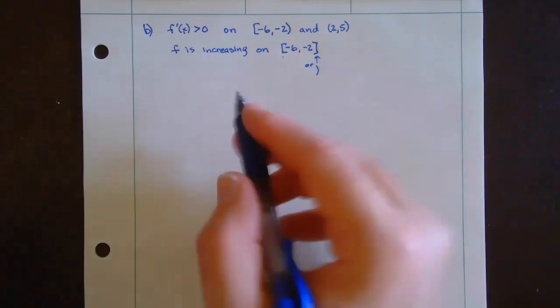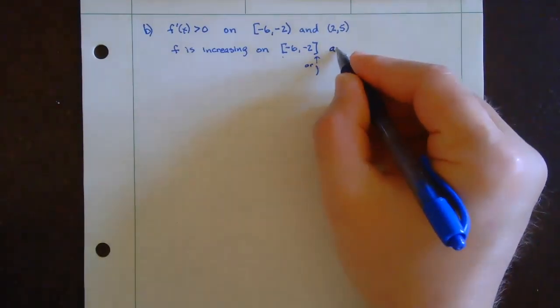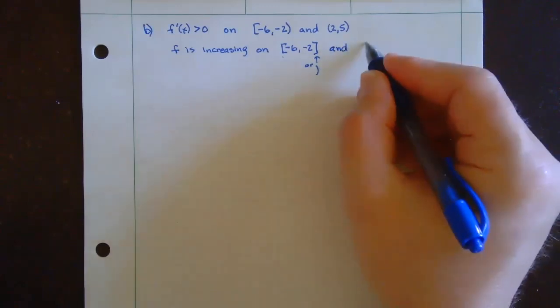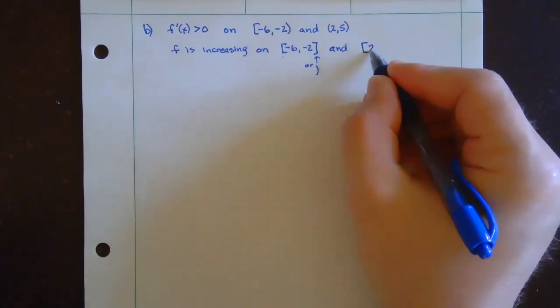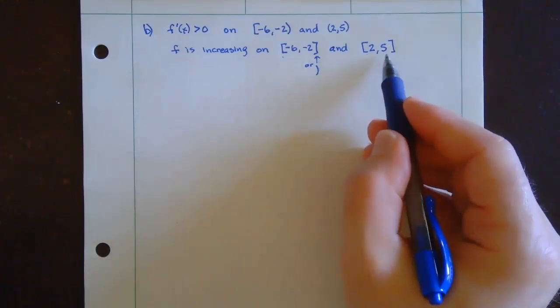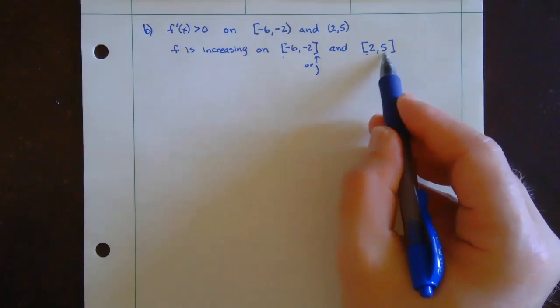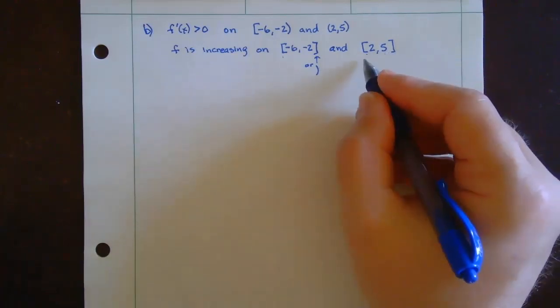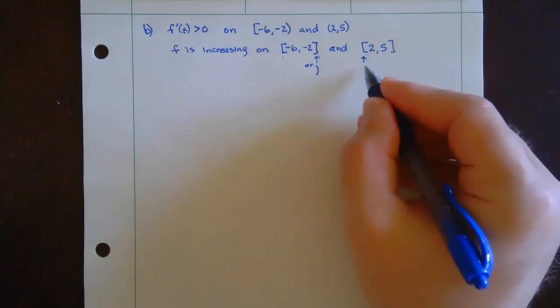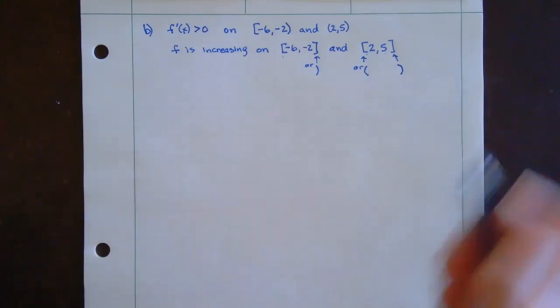And then it's also increasing on this interval. Now, I would do bracket 2 to 5 bracket. At 2 and 5, the derivative is 0, but that's where it starts to increase again, and that's where it stops increasing. Again, you could also have parentheses here.